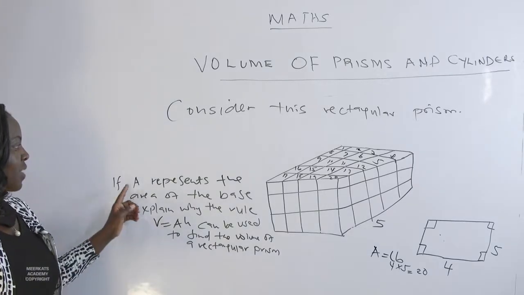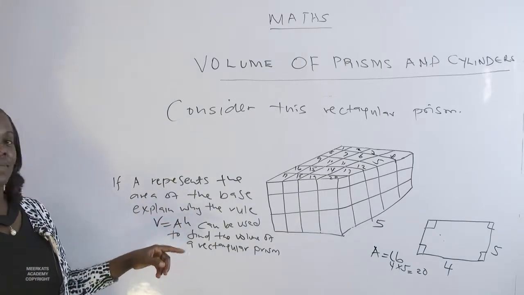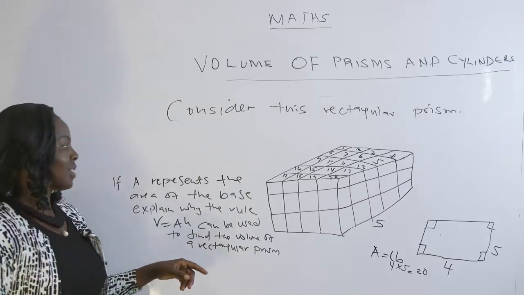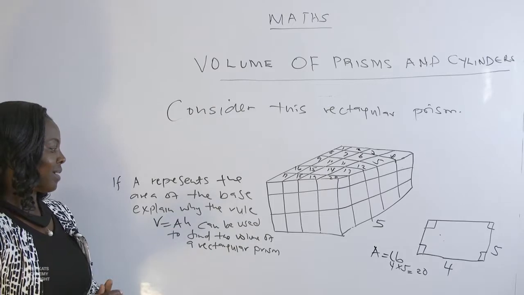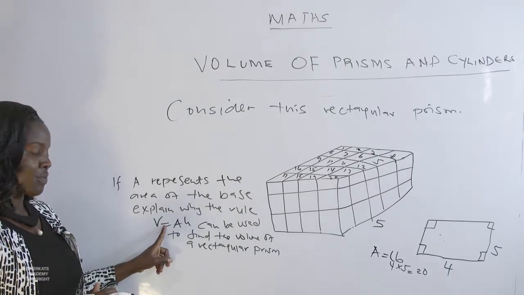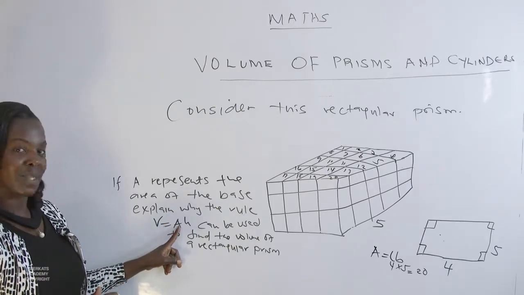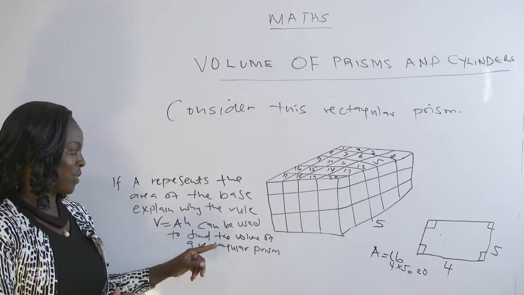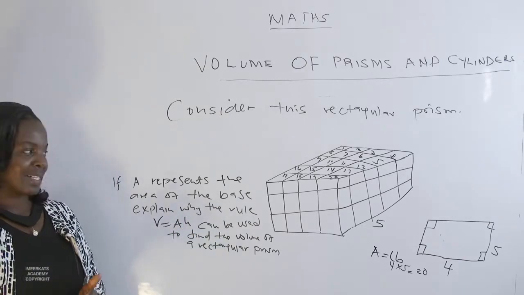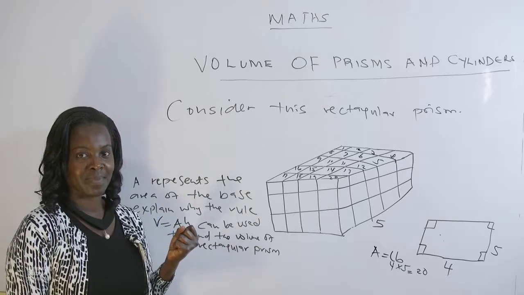So the question is, if A represents the area of the base, explain why the rule volume equals area of the base times the height can be used to find the volume of a rectangular prism.